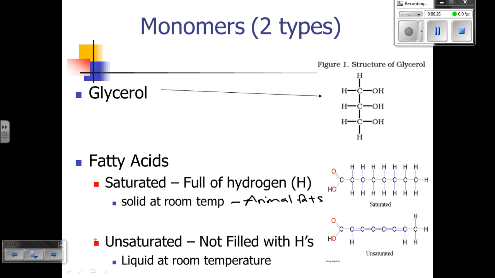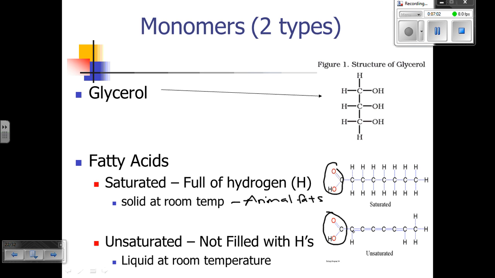On the other hand, you have unsaturated fatty acids, which means that they are not saturated or not filled with hydrogens. If you look at this fatty acid, it still has its carboxylic acid group here, just like the saturated fatty acid. Both of them are similar right here. However, this carbon is not saturated with hydrogens. I could break one of these bonds and create a hydrogen here. As a result, you notice that it does not nearly have the number of hydrogens that the saturated fat does.